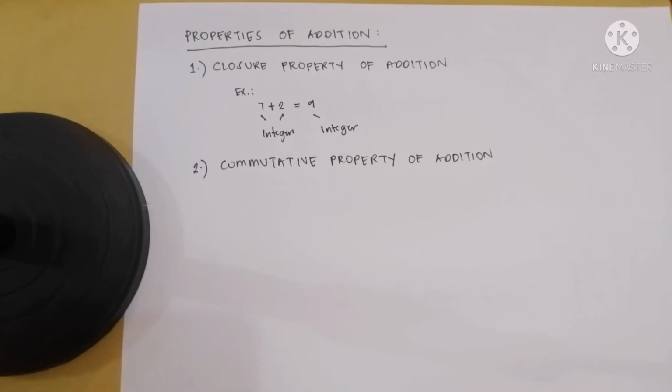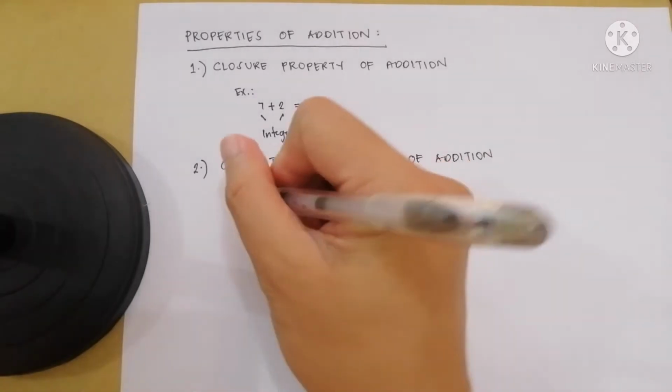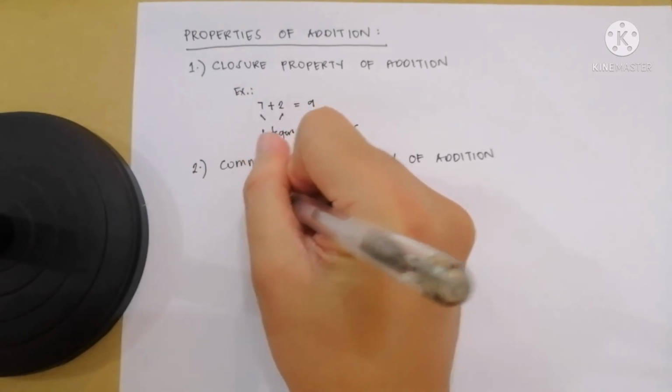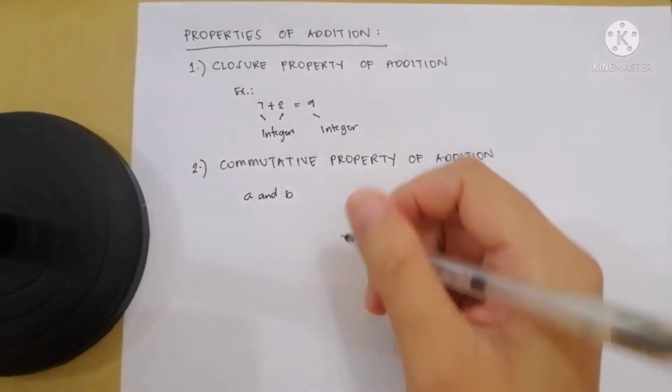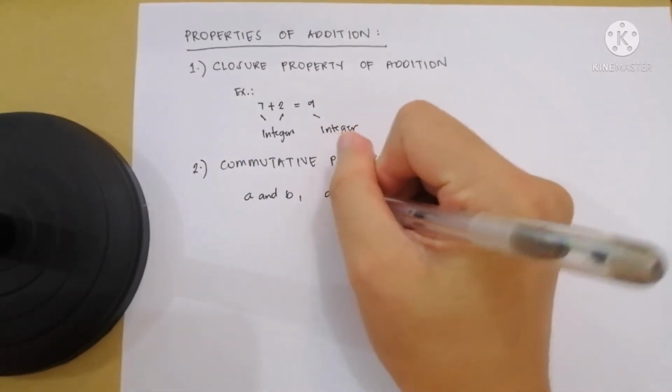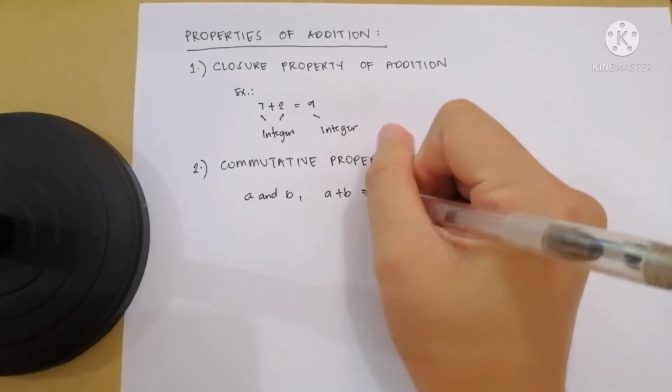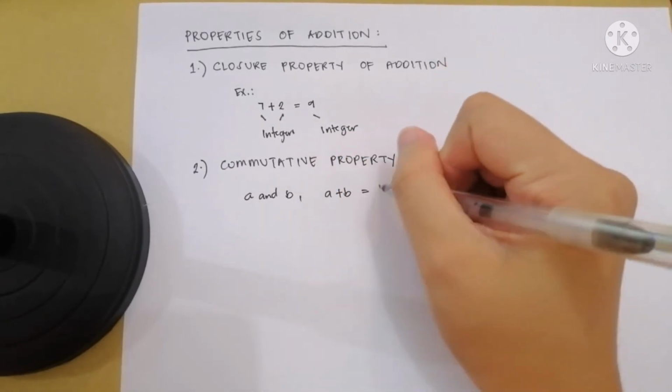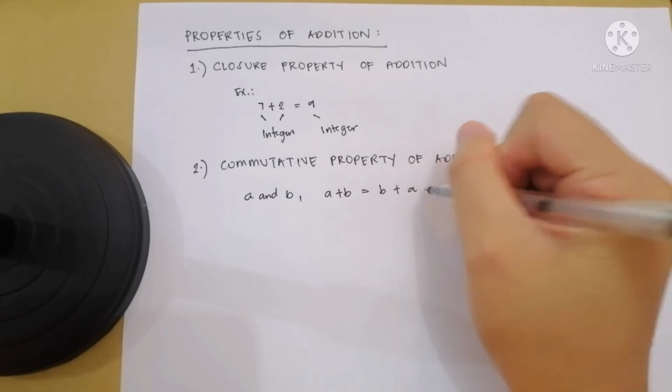The second property of addition is the commutative property. The commutative property of addition states that changing the order of the addends does not affect the sum. For any two integers a and b, a plus b is also equal to b plus a.